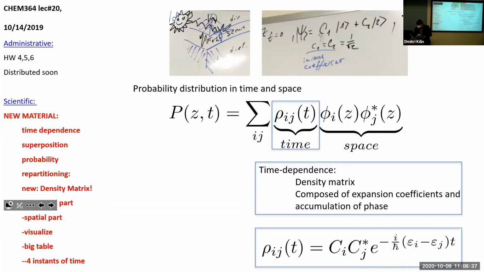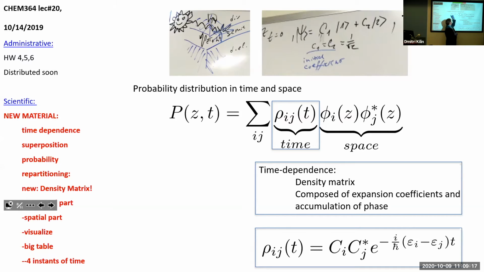So in the previous meeting, we introduced the concept of so-called density matrices, which is an auxiliary tool in order to get the distribution in space, and second, in order to get observables. What we define as the density matrix is just a combination of expansion coefficients of the wave function, including their time dependence.